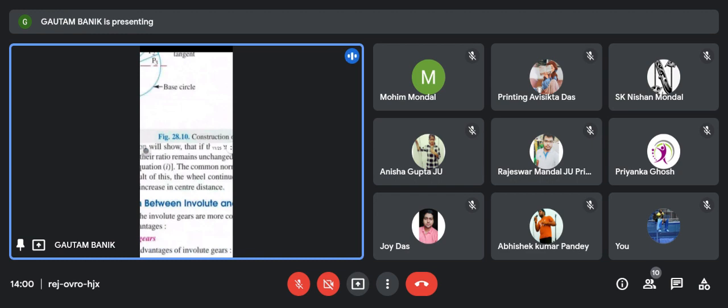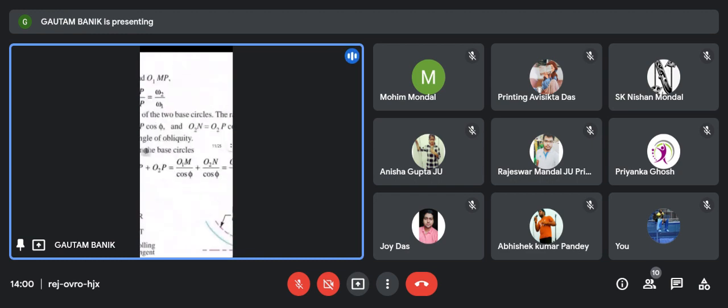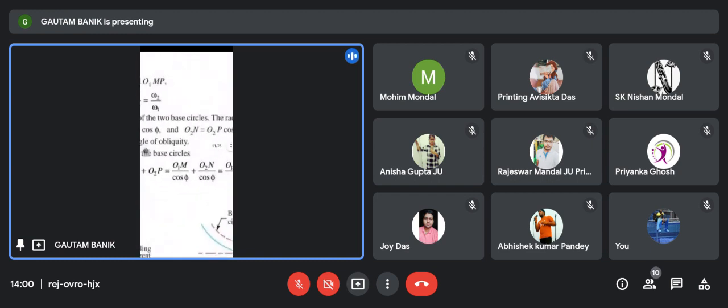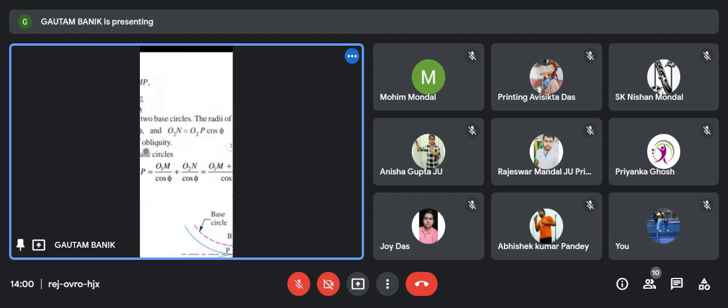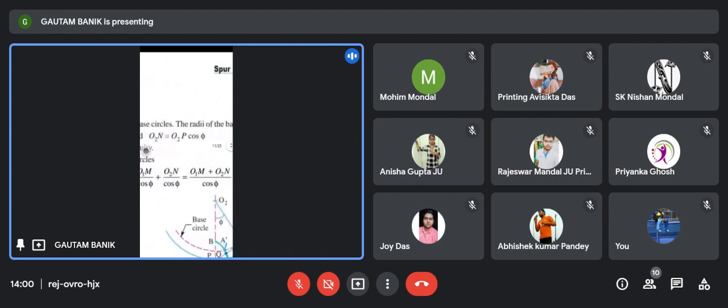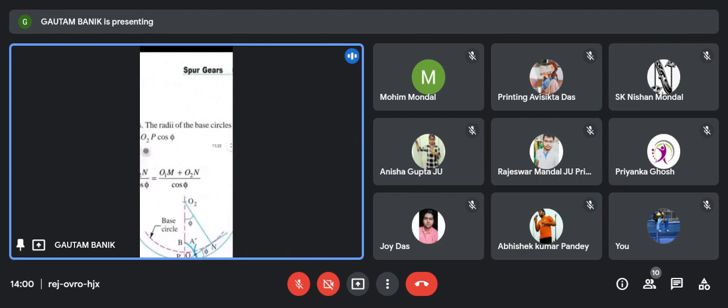So finally we'll get the center distance into cos phi is equal to the sum of the radii of the base circles.